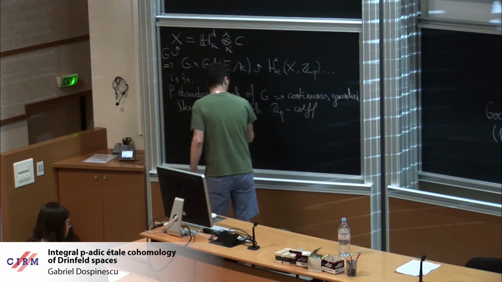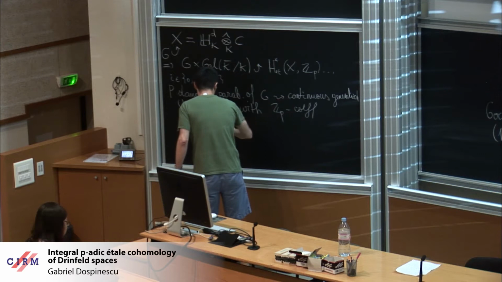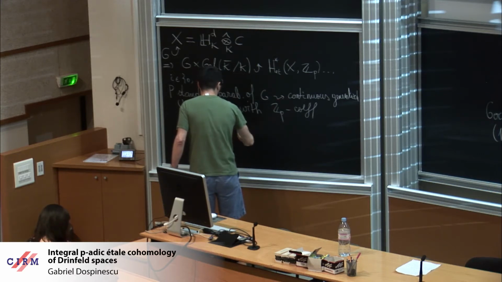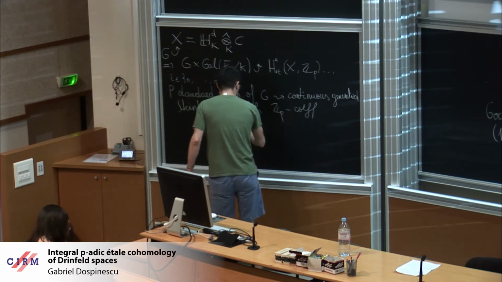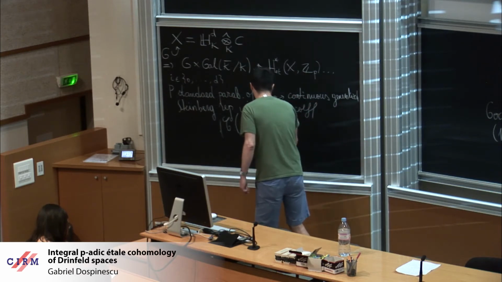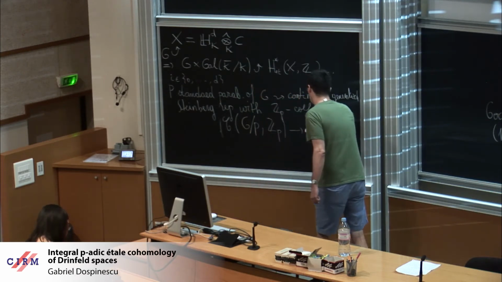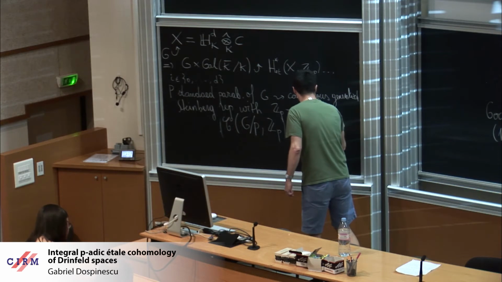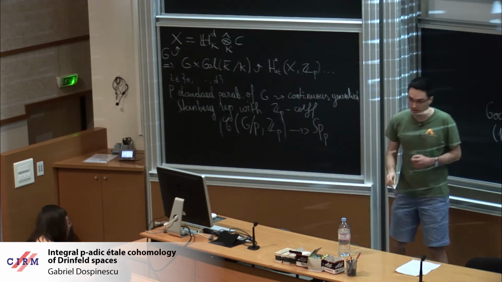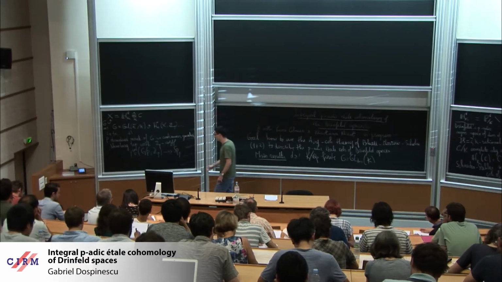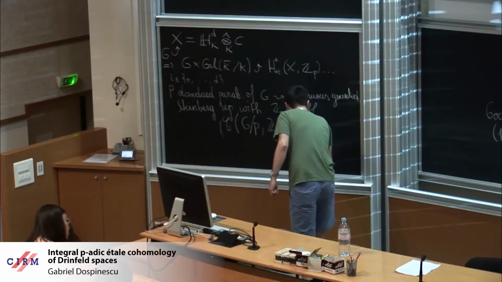I will not give the recipe, but it's a quotient of the space of continuous functions on the K-points of the corresponding flag variety. So for each such standard parabolic, we have a certain representation S_P of G.